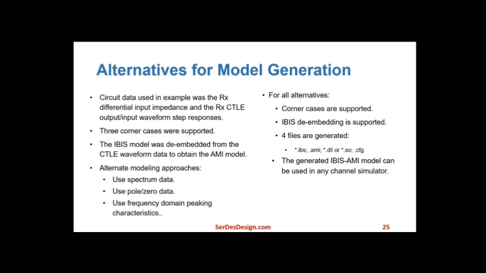For all alternatives, corner cases are supported, and IBIS de-embedding is supported, and 4 files are generated: the IBIS file, AMI file, the DLL or SO, and the configuration file that contains the encrypted encoded circuit data. The generated IBIS-AMI models can be used in any channel simulator.